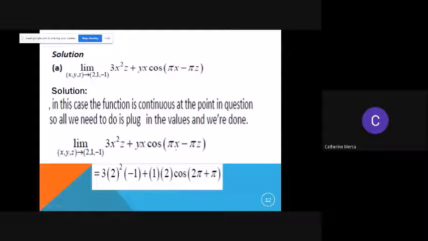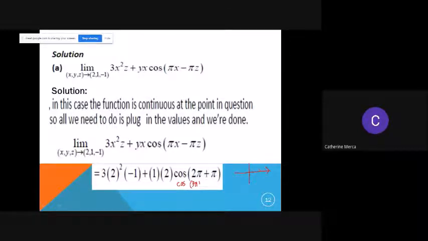What is pi x? Take a look. That's cosine of, what's the result? 2 pi plus pi. That's cosine of 3 pi. But what is cosine of 3 pi? Can you give the value?